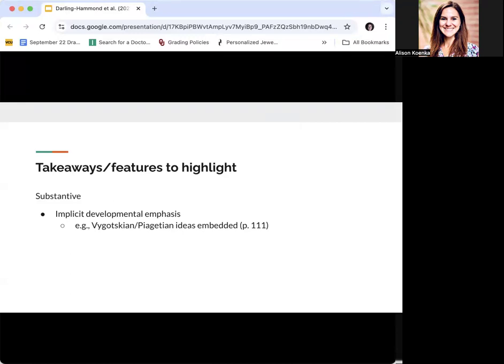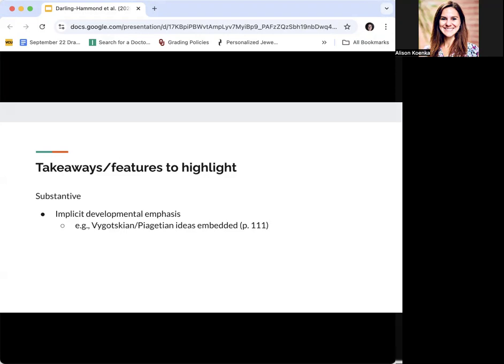So the ZPD represents the learning space between what a child can comfortably do on their own compared to what they can do with the support of somebody more skilled, like a teacher or a peer. And it's scaffolding that really targets that zone of proximal development within the learner. So again, that's a very influential and meaningful Vygotskian idea, which is grounded in not only developmental theory, but empirical research. So I wanted to highlight that.